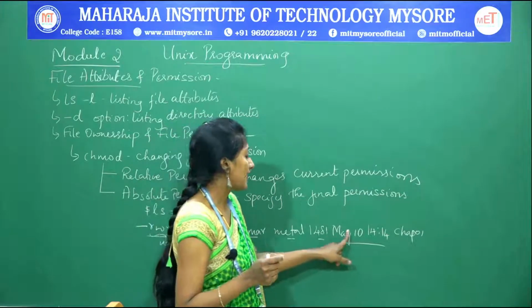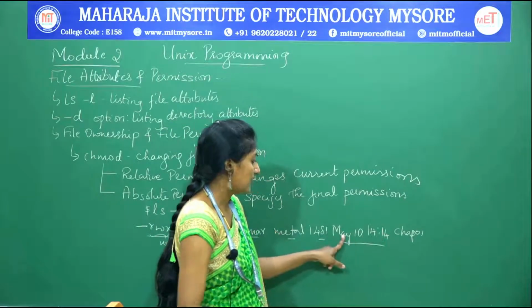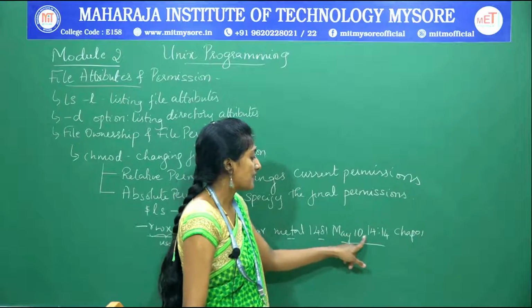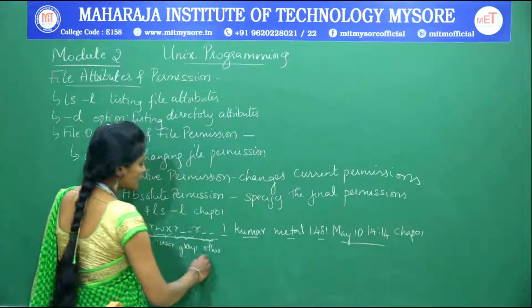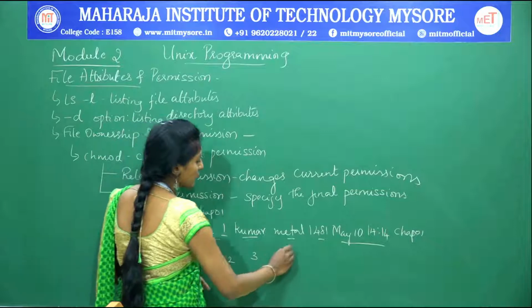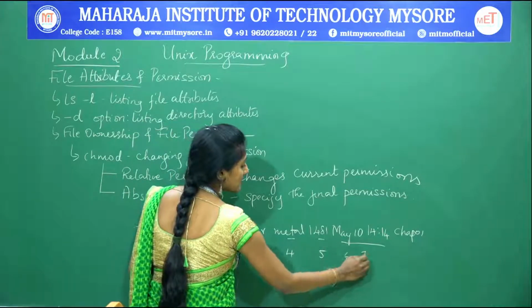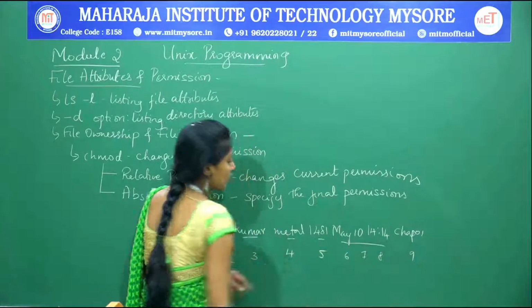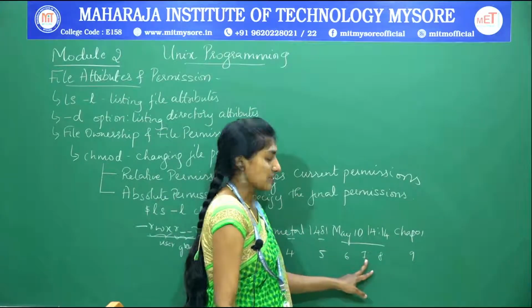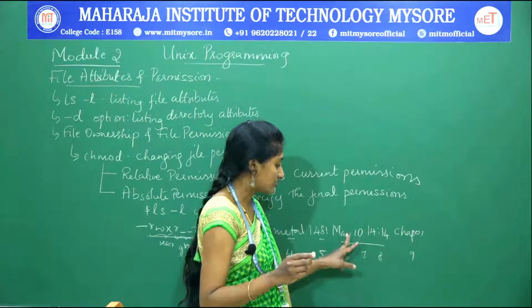Next is what? The next 3 outputs, that is the last modification time, the 6th, 7th and 8th columns. This is the first column, second column, third column, 4th column, 5th column, and this is the 6th, 7th and 8th, and this is the 9th column. So 6, 7, 8 represent the last modification time of this file.